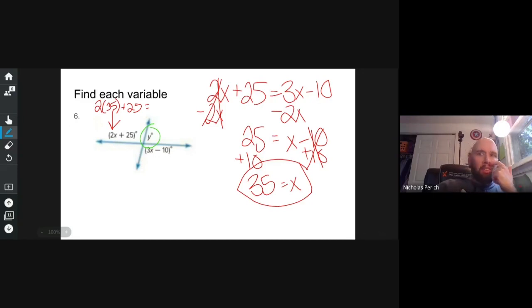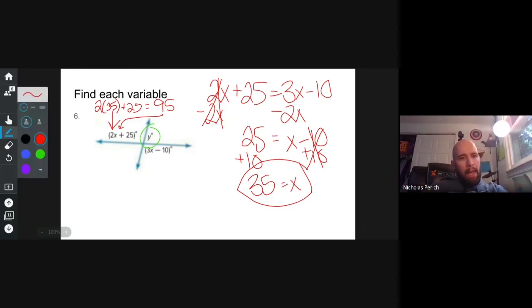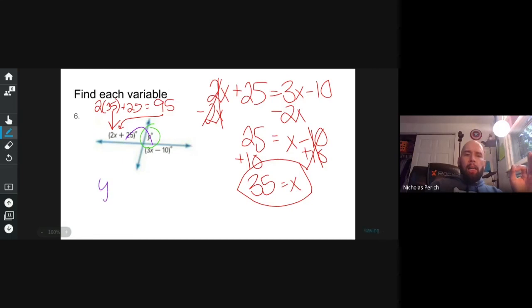Good job, 70. Good, Santi just said it. And 70 plus 25 is 95. So this angle right here is 95. I know that Y and 95 add up to 180.